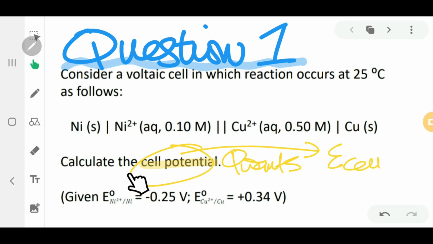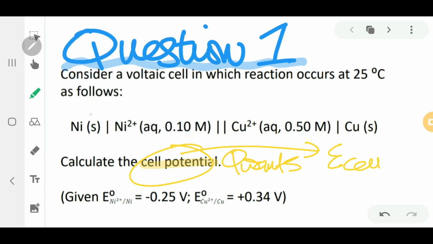Since there is no word standard in front of cell potential, therefore for this question or situation, we have to use the Nernst equation. Another clue that you can pick up to tell you whether you need to use Nernst or not, you can look at the concentration of the electrolytes.